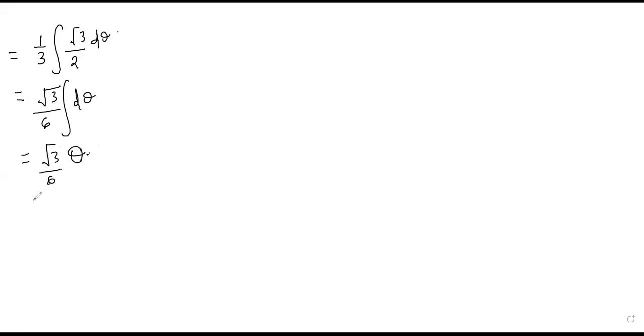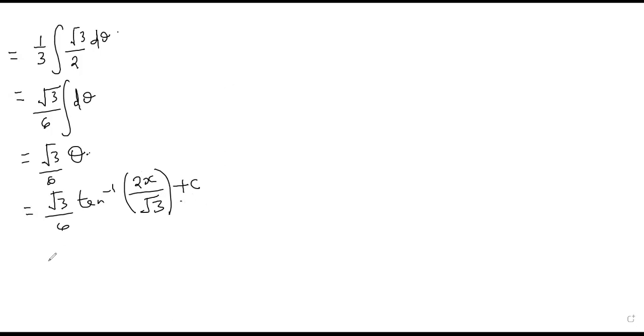Then we know what our theta is equal to. So this is root 3 over 6, and theta was tan inverse of 2x over root 3. Then you bring this one here.